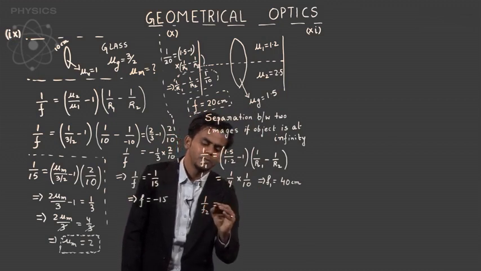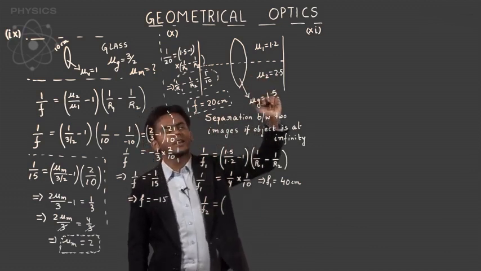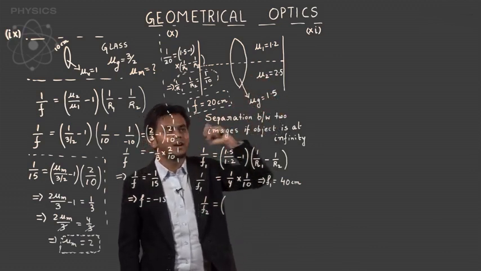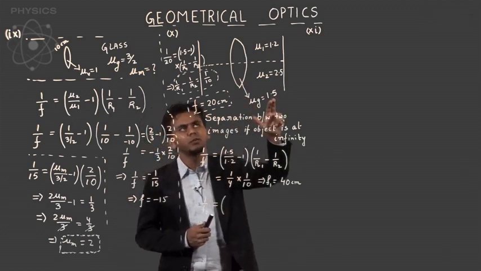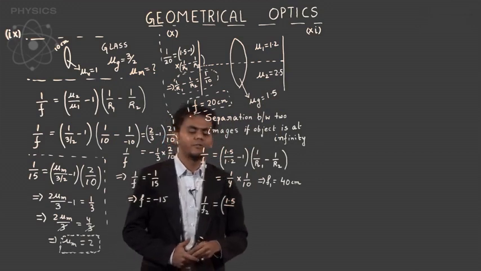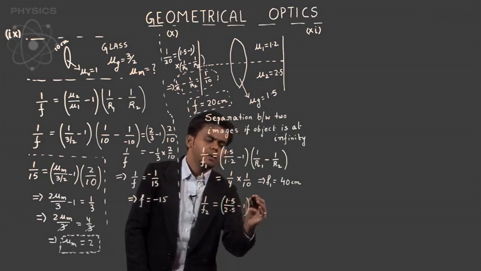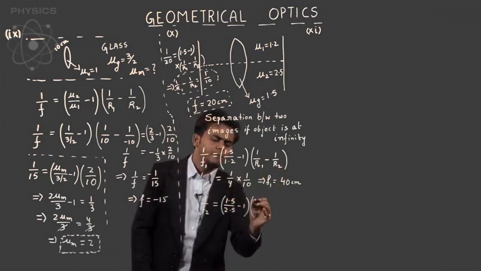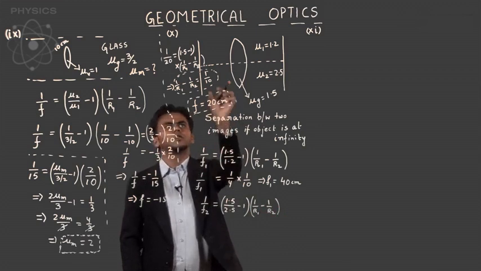The next part, for the second part, again I'll use the lens maker's formula. 1 by f2 is equal to the refractive index of the medium of the lens, which is 1.5, by refractive index of the surrounding, which is 2.5, minus 1, into the same old guy, 1 by r1 minus 1 by r2, and that we have already found out as 1 by 10.